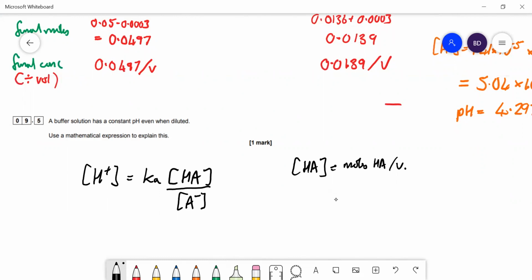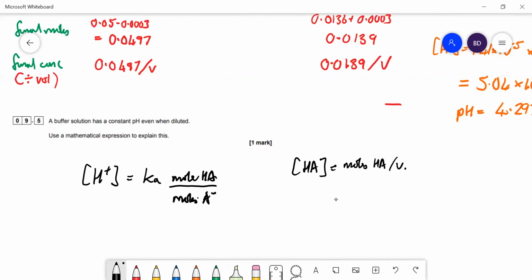So let's substitute that in, and the same for A minus. So we're going to have moles HA divided by V divided by moles A minus divided by V. Those V's are going to cancel out. So H plus is equal to Ka times moles HA over moles A minus.